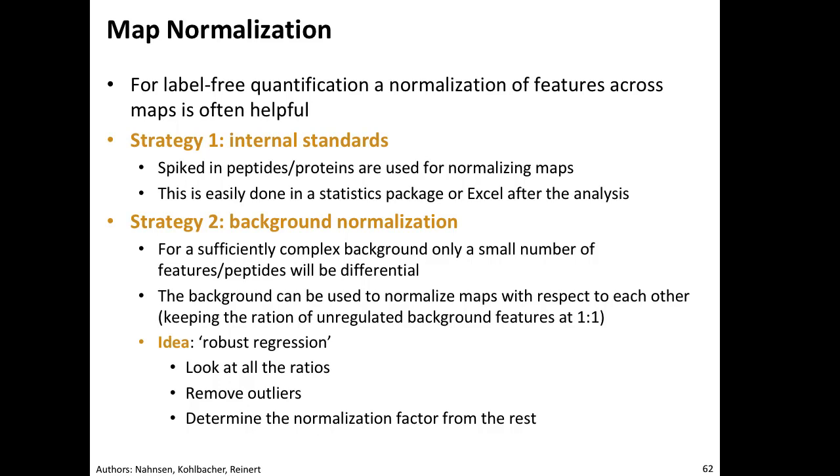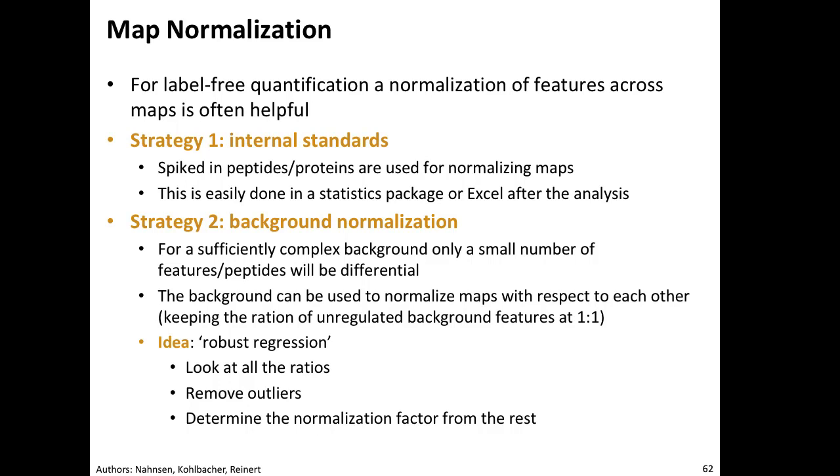With a robust regression, we mean we discard everything that is regulated, and we look at the ratios again. This way, we keep only the proteins that are really in the middle, that are preserved at a more or less fixed ratio, that converges in a few iterations, and you keep those to normalize all the maps. The ones that are up or down regulated, you don't consider for the normalization.